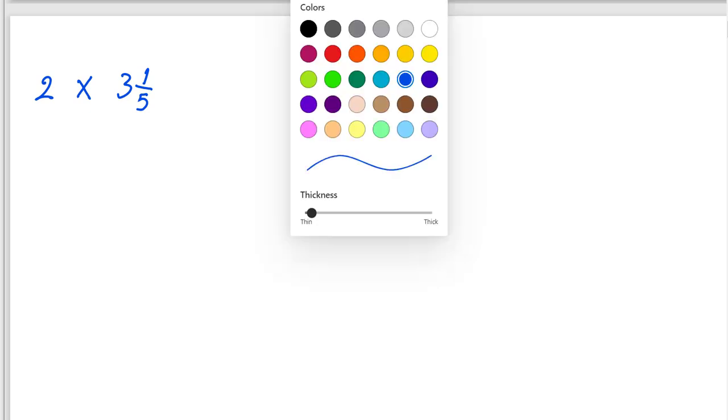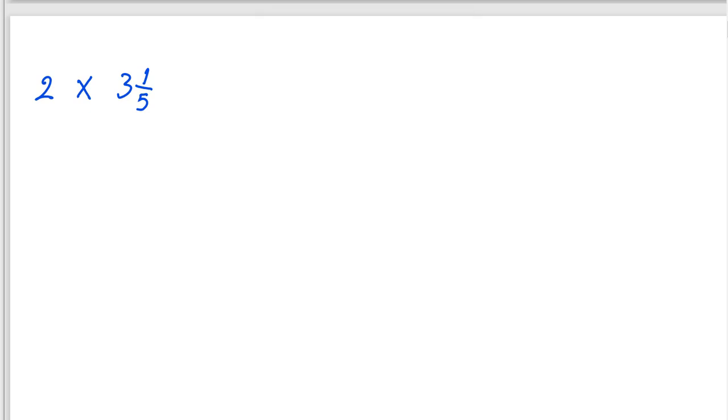Simply, my heroes, you can do this by multiplying the 2 by the 3 and multiplying the 2 by the 1/5. So 2 times 3 equals 6 plus 2 times 1/5 equals 2/5. Add these together, you get 6 and 2/5.